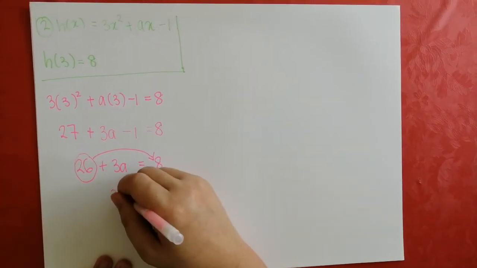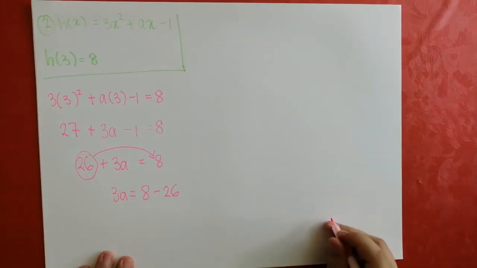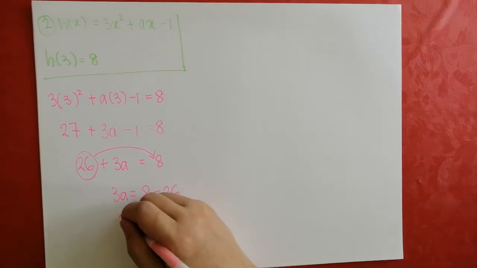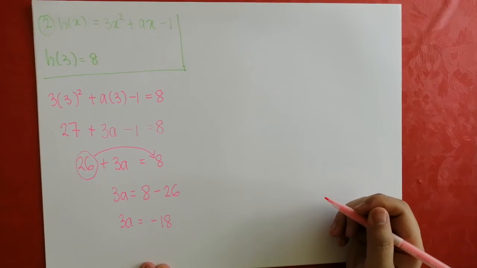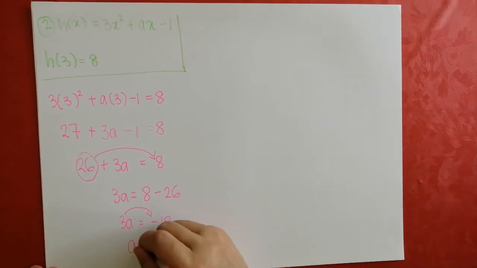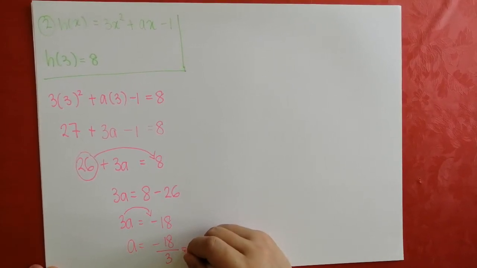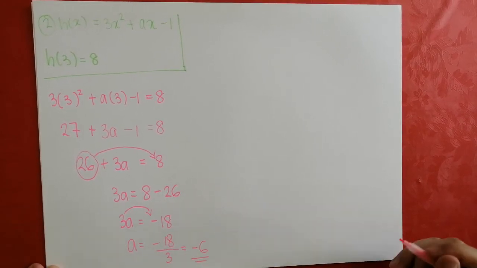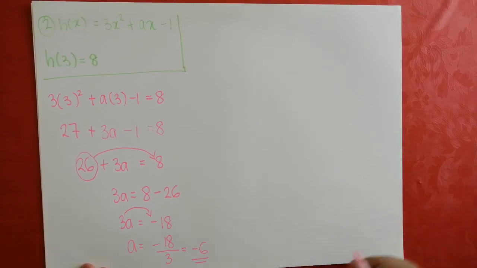So we have 3a equals 8 minus 26. 8 minus 26 will give you negative 18. Then move the 3 to the other side. Therefore, a will be negative 18 over 3, so the answer is a equals negative 6. So that is for example 2.